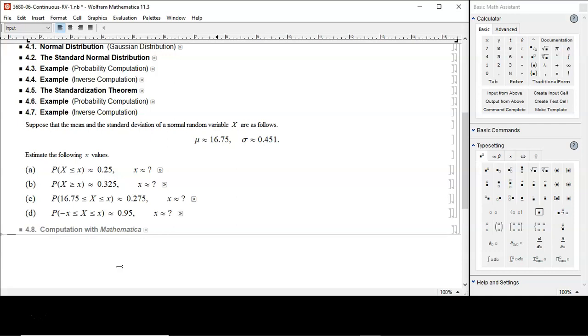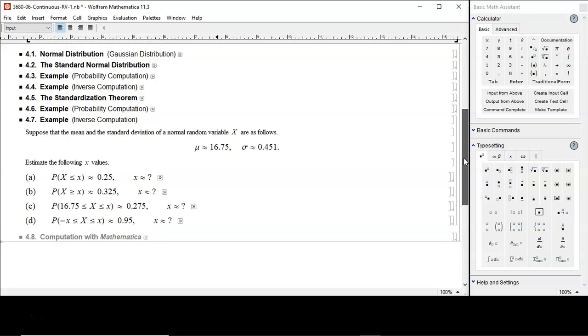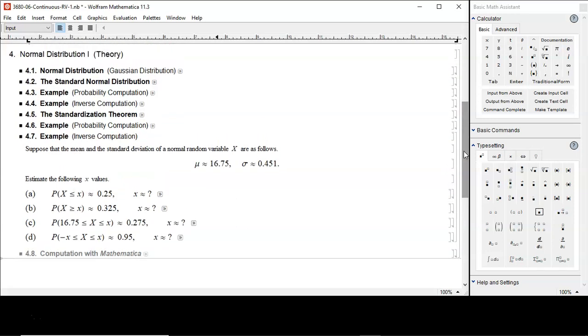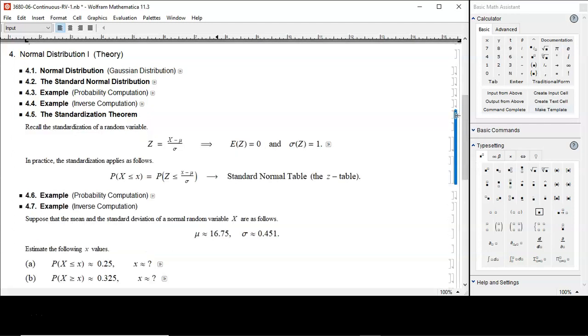So you can either set up and do direct computation, or set up and solve an equation. Hey, this is 3000 level, so that should not cause any kind of trouble. The key thing that I want to emphasize that everybody must remember is the z table associated to the standard normal and is coming from the standardization theorem, x minus mu over sigma.